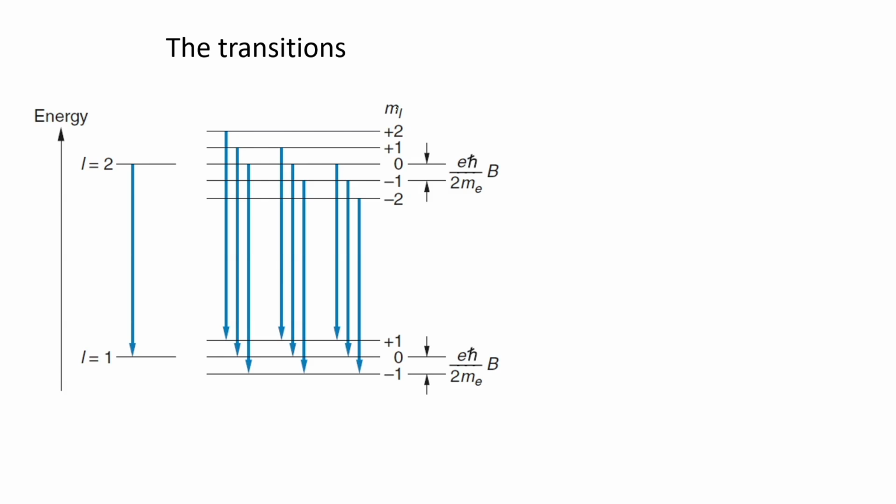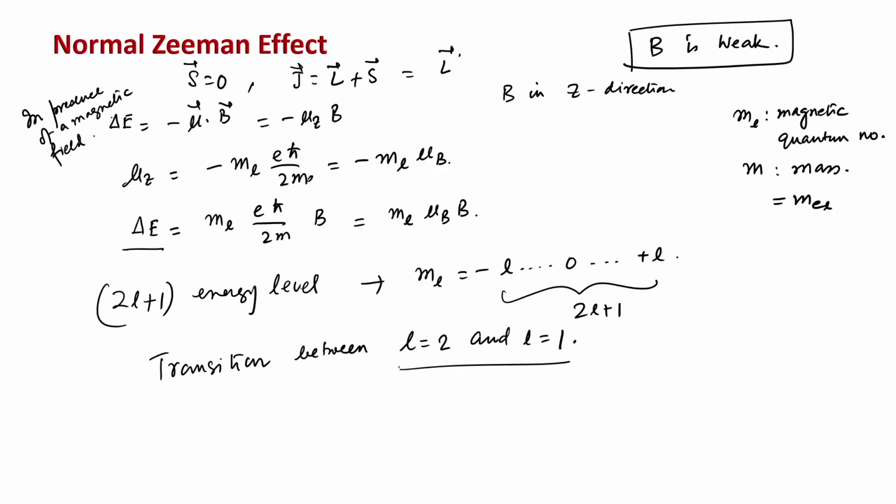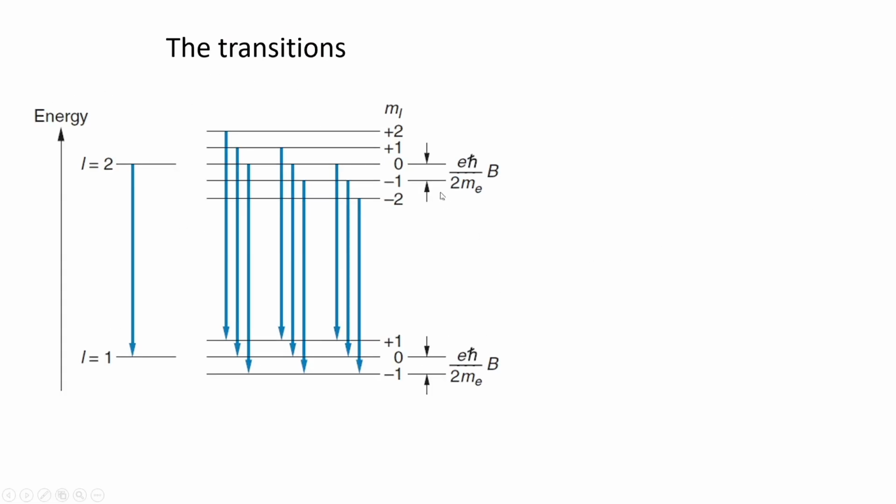So, this is ml. This is L equal to 2, which will have 5 levels because it is 2L plus 1, and this ml will have these values plus 2, plus 1, 0, minus 1, minus 2, and each one would have a splitting that is given by eħ by 2m_e. Here it is written explicitly the mass of the electron. So, we can make it as E here and E here.